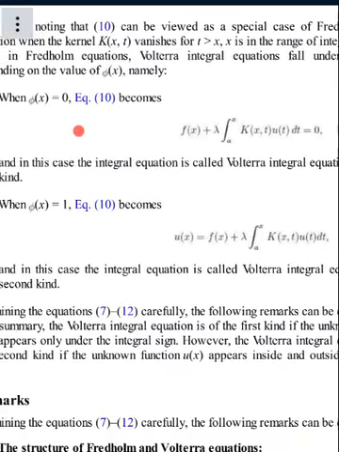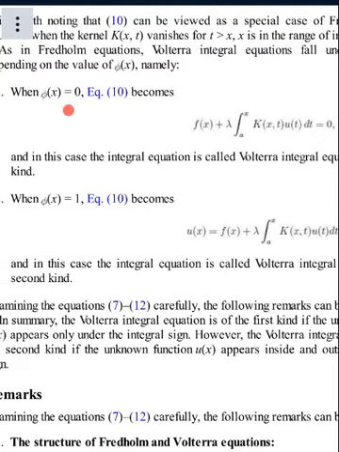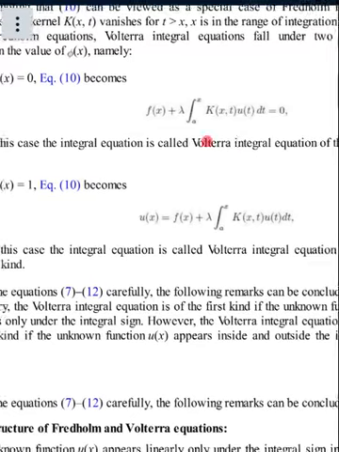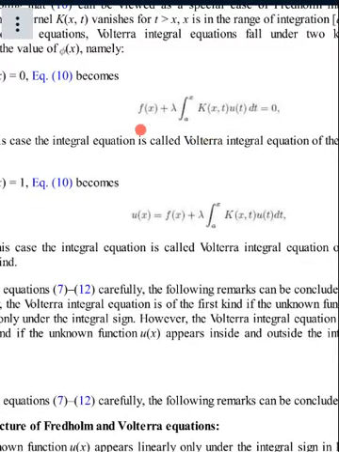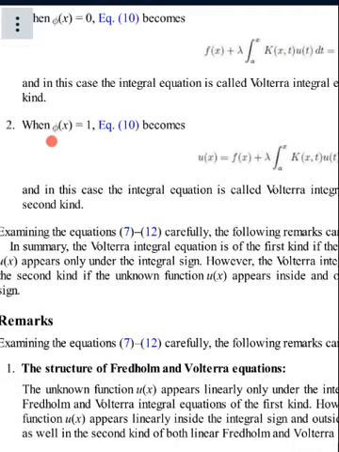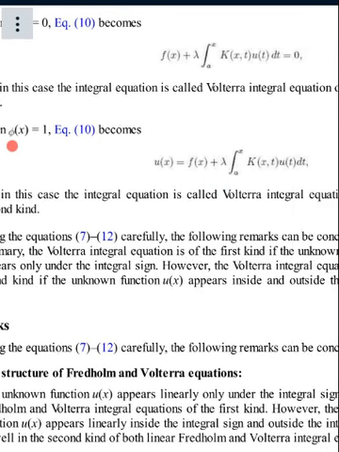As I said, we have these two different cases. When phi of x equals 0, this leads to this integral equation: f of x plus lambda, the integral of ku from a to x equals 0. We call this kind of integral equation the Volterra integral equation of the first kind, and in the second kind we have the case that phi of x equals 1, and you can simply check the standard form with this when we replace phi of x equals 1.